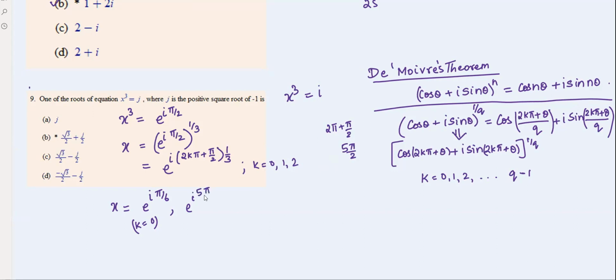So I get 5 pi by 6. That is 30, 150. Then I put 2. So 4 pi plus pi by 2, it is 9 pi by 2, into 1 by 3. I'll get 3 pi by 2.